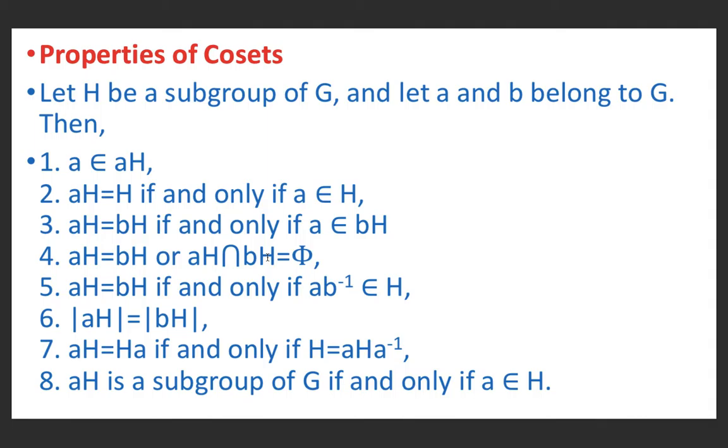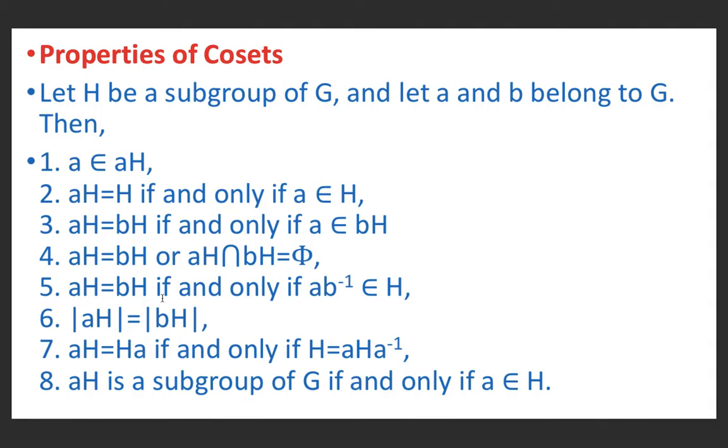Let H be a subgroup of G and let a and b belong to G. Then number 1, a belongs to aH. Number 2, aH is equal to H if and only if a belongs to H. Number 3, aH is equal to bH if and only if a belongs to bH. Number 4, aH is equal to bH or aH intersection bH is equal to phi, which means the intersection is the empty set, meaning the given sets are disjoint.